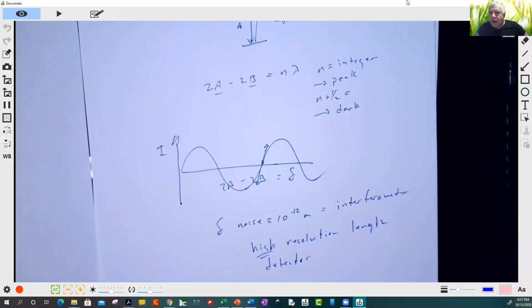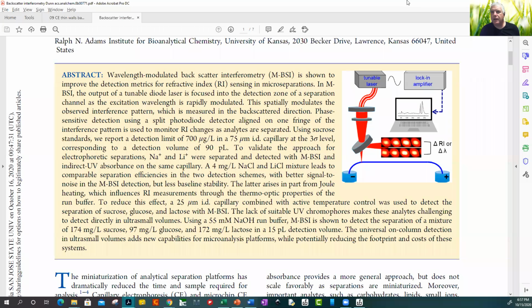In the backscatter interferometer, what they do is they detect 700 micrograms per liter in a volume of 90 picoliters, right? This is their high resolution, right? This is a change in refractive index, right?